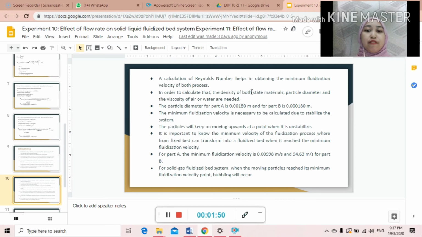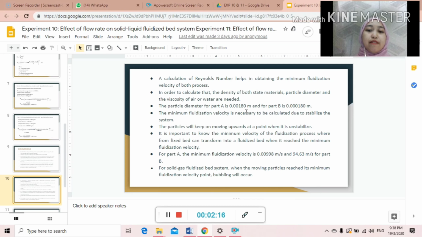The minimum fluidization velocity is necessary to calculate in order to stabilize the system. The particles will keep on moving upwards when it is unstabilized. It is important to know the minimum velocity of the fluidization process, where a fixed bed can transform into a fluidized bed when it reaches the minimum fluidization velocity.